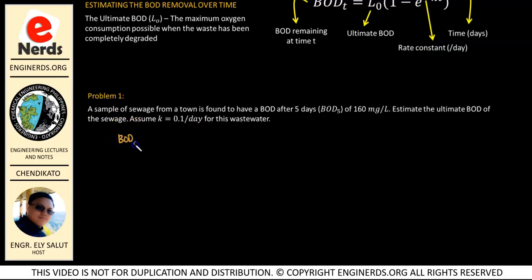Okay, so our BOD5 is equal to 160 milligrams per liter. So, since this is a BOD5, that means our time is equal to 5 days. Now, our requirement is to determine the ultimate BOD, which is LO, no? So, ito yung ating kailangang makuha.